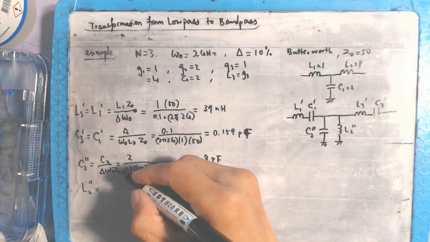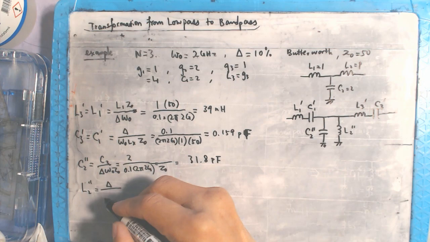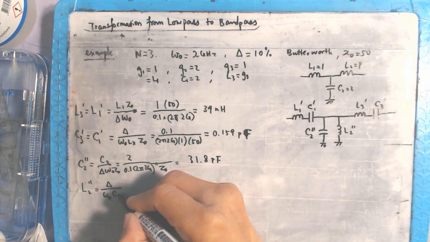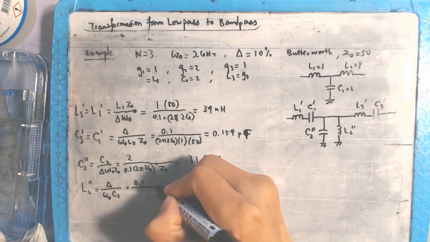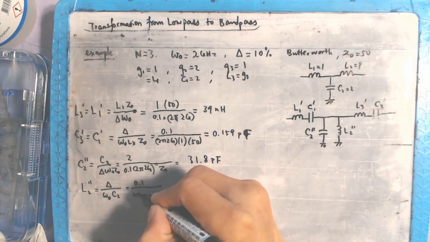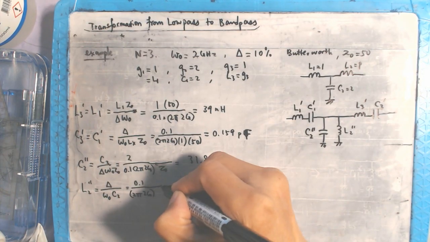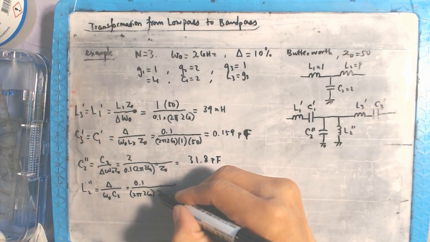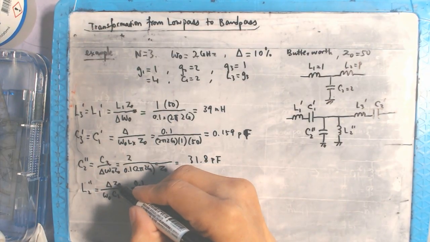It will be delta and then omega naught and then C2. And this one will be 0.1 and then 2 pi 2 giga and C2. C2 is 2. And you also need to multiply by the characteristic impedance.